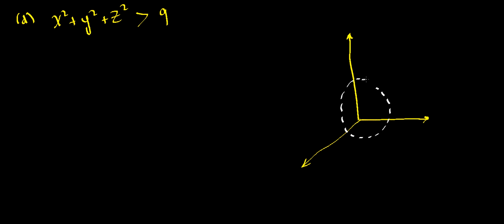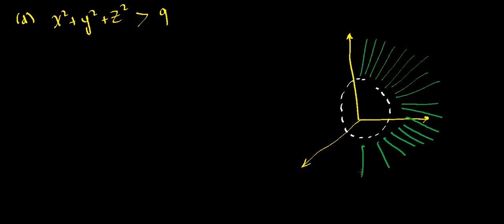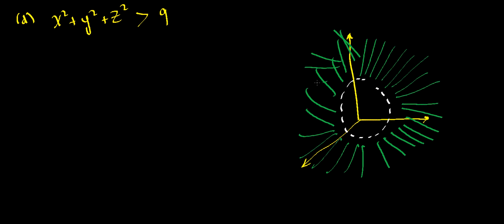I'm interested in the spheres outside this sphere. So you're gonna have an infinite number of spheres of radii bigger than 3. So you're gonna end up shading everything outside of this sphere. You'll be shading the exterior of this sphere, and this sphere will be included.